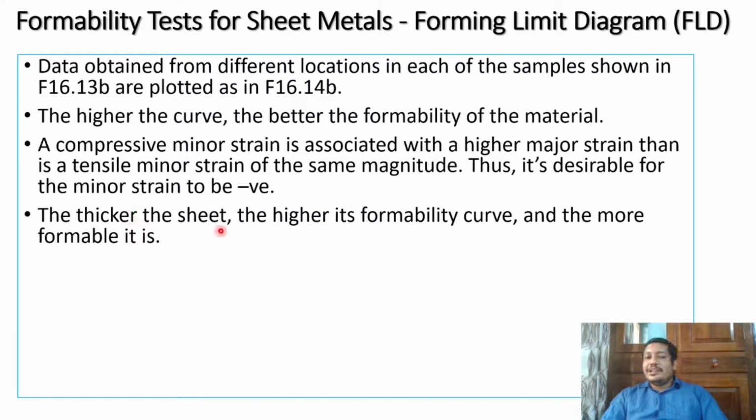The thicker the sheet, the higher the formability curve and the more formable it is. So two pieces of information: the thicker the sheet, the higher its formability curve, and the higher the curve, the better the formability of the material.